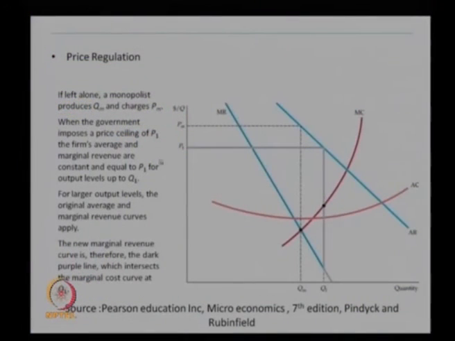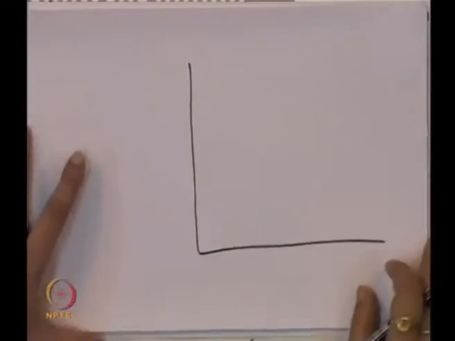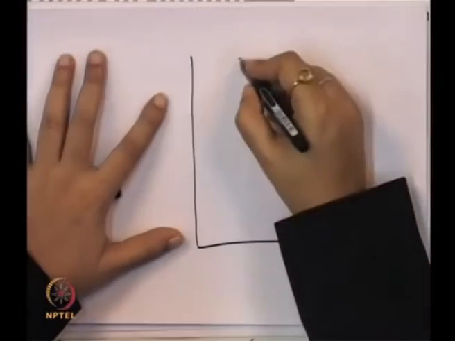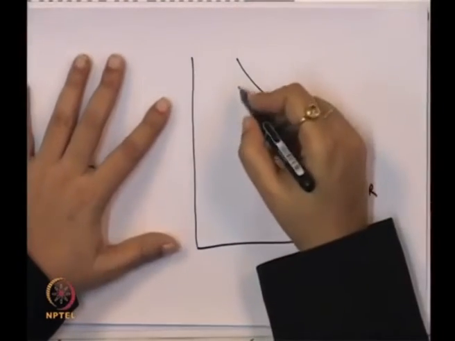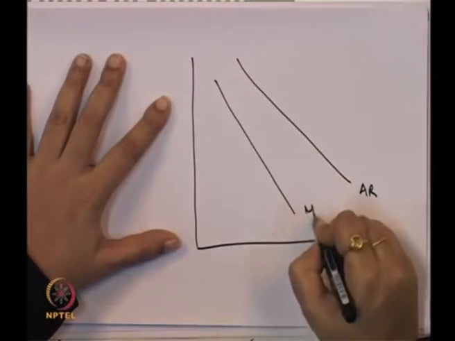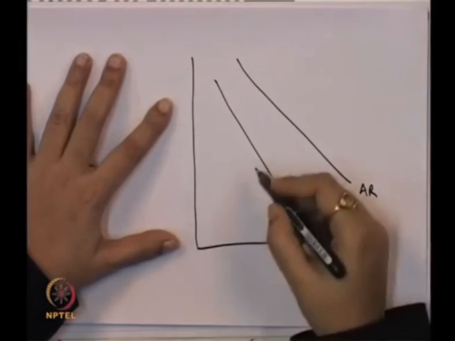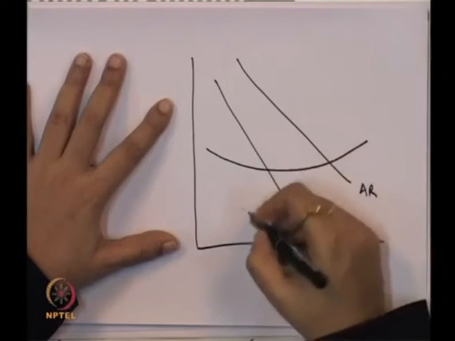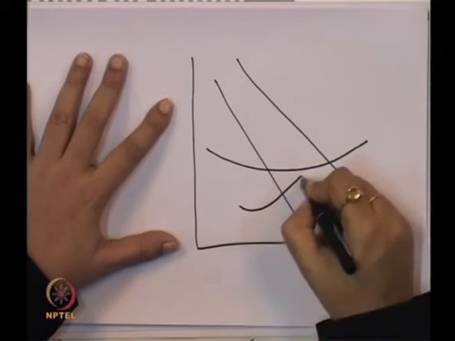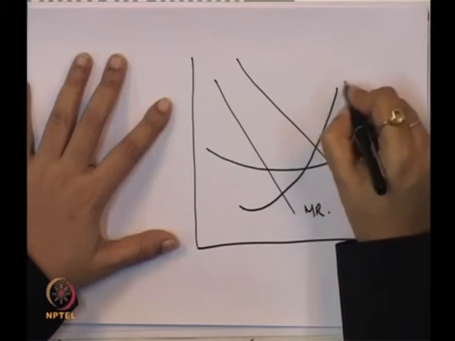Now we will try to understand this price regulation through this graph. Here is the typical monopoly picture: we have an average revenue curve, a marginal revenue curve, an average cost curve, and a marginal cost curve.